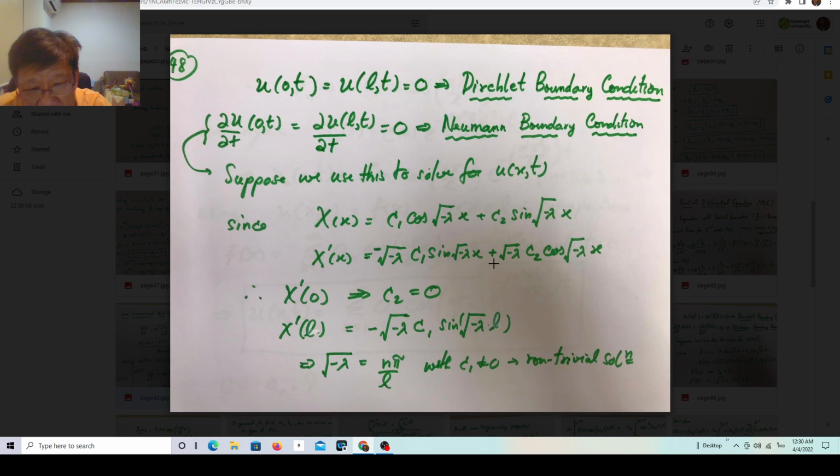Once you have this function, you use this Neumann boundary condition. You get that the first derivative function is 0. So now the ball game has changed, because the cos term becomes a sine term, and the sine term becomes a cos term in the first derivative. In this case, c sub 2 is 0. You remember that for the previous condition, c sub 1 was 0 because the cos term was there.